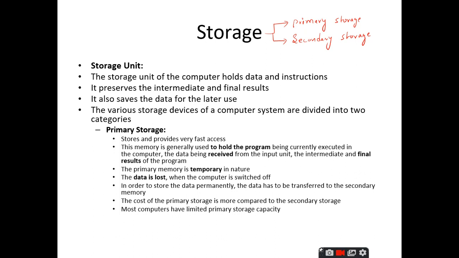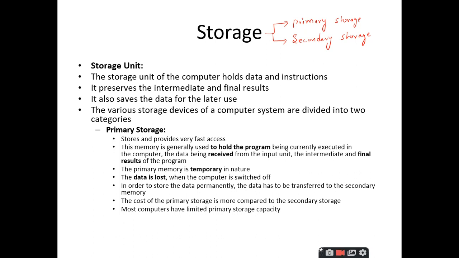Coming to the primary storage, this forms the primary storage for the computer. You may not have the secondary storage. For example, if you want to buy a computer, you may not have the secondary storage. The computer will work fine without any secondary storage, but the computer will not work without the primary storage.